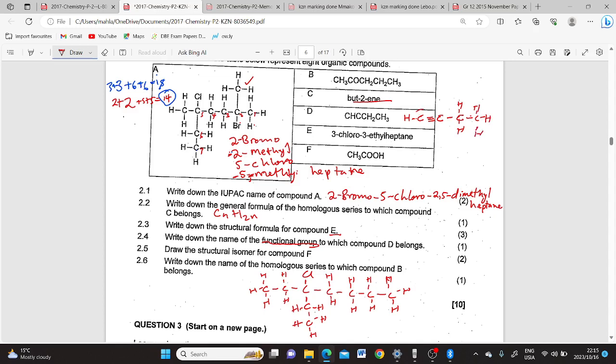So this is because they write down the name of the functional group. So this is an alkyne. This is an alkyne group. Or we can write triple bond.